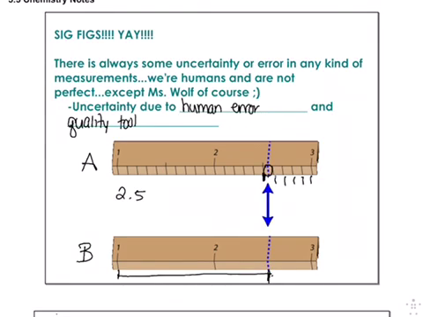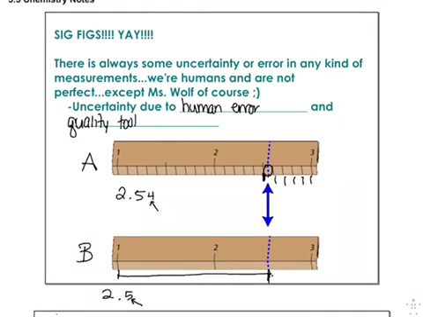And then you can estimate this third spot. So 2.5, maybe you feel like it's 2.54. A lot of times they say that this last digit is uncertain because we had to estimate it. Whereas down here, we know for sure that it's 2, but we have to estimate this last digit. Does that make sense?